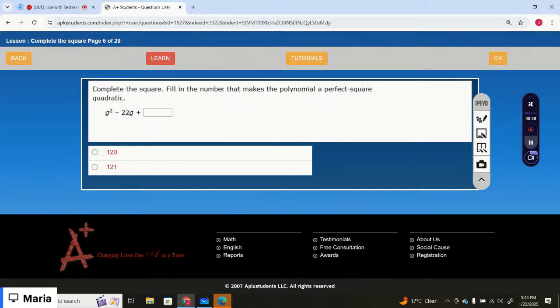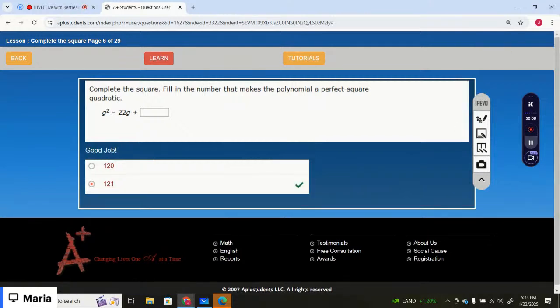G square minus 20g plus the missing number. That is 121. Option number 2 is the correct option.